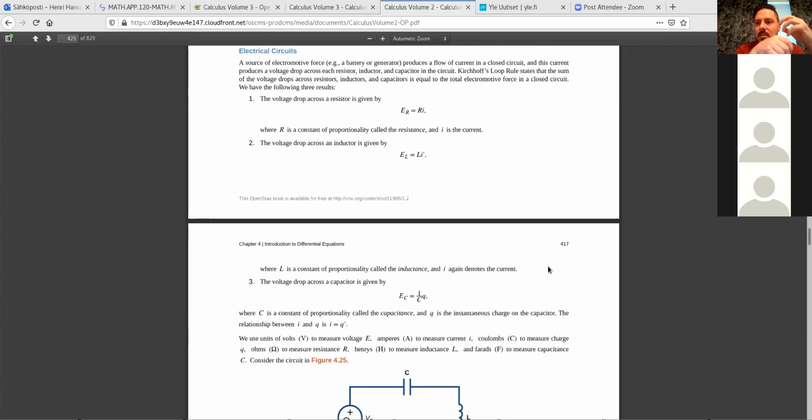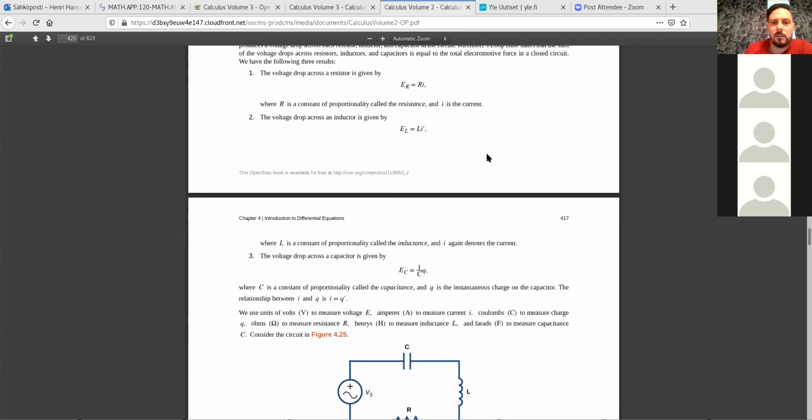There's a certain flow of current, that's the I, that's how much water there is flowing. The resistance depletes that voltage: in order for the current to pass through this resistance, it loses some of that voltage, some of that potential for pushing it forward.